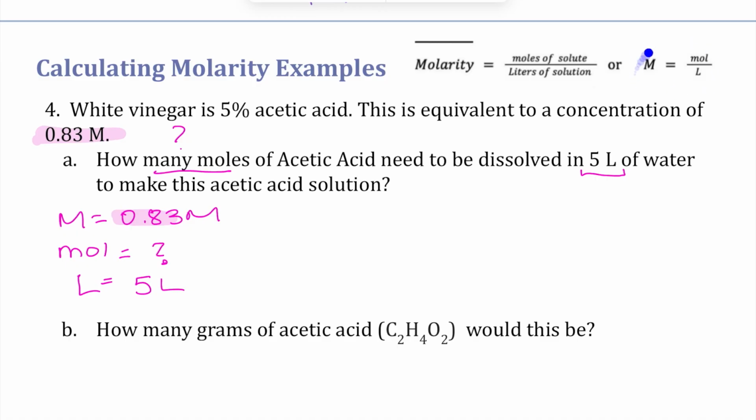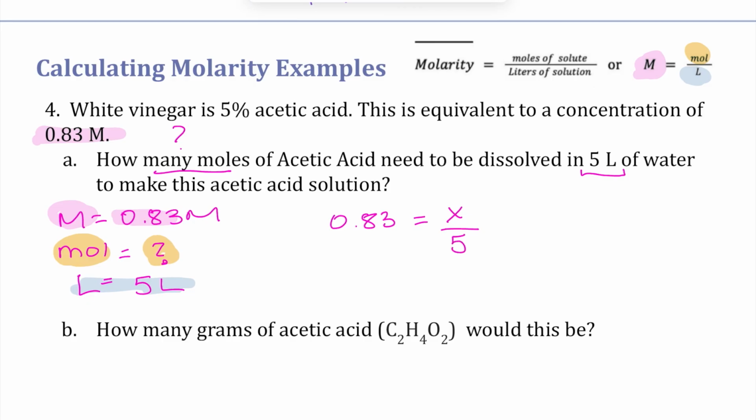As we look at this equation, I can go ahead and just plug in my pieces. I'm going to have my molarity, plugging that value in for that molarity. Moles, I don't know, so I'm going to plug in a question mark for my moles, or a variable x. And then liters I also have, so I can plug in that value. So we're going to have 0.83 equals, well, we don't know moles, so I'm going to just do an x as my variable, over 5.